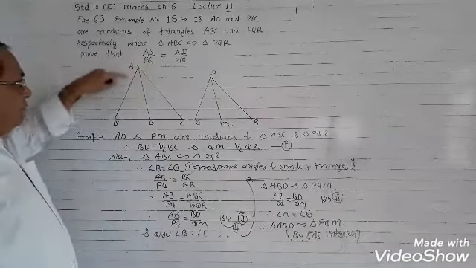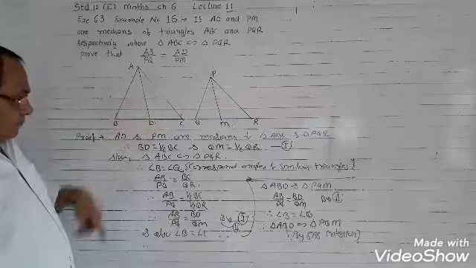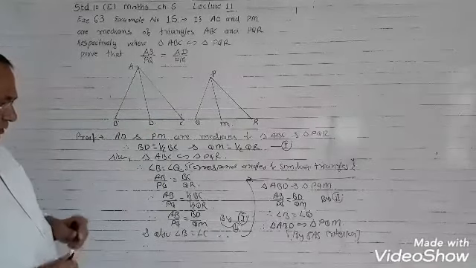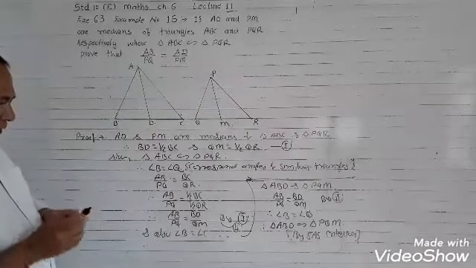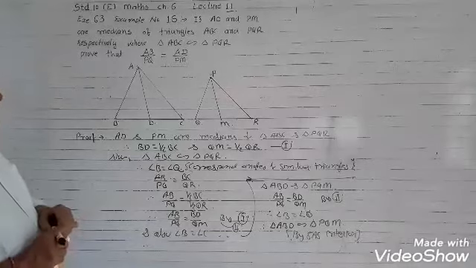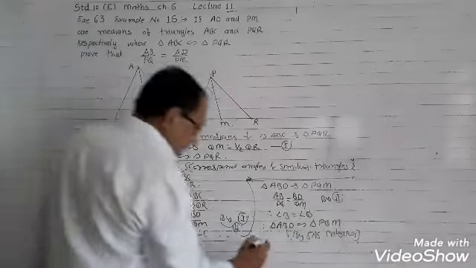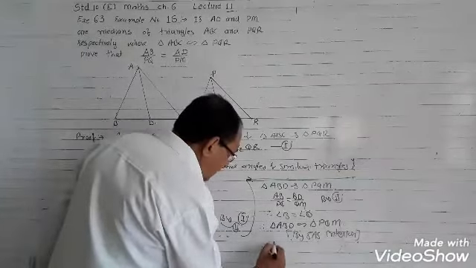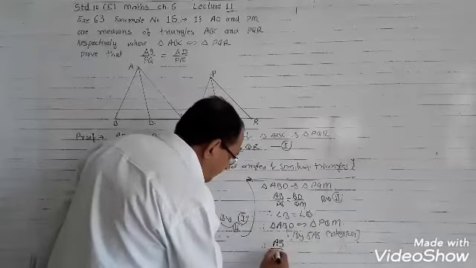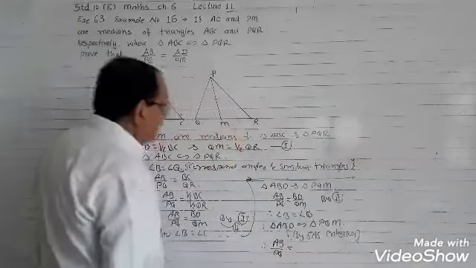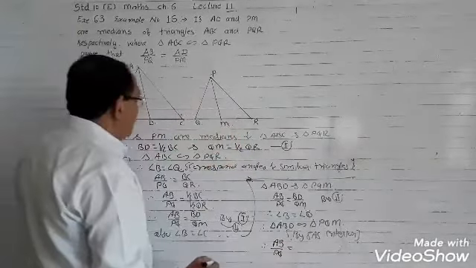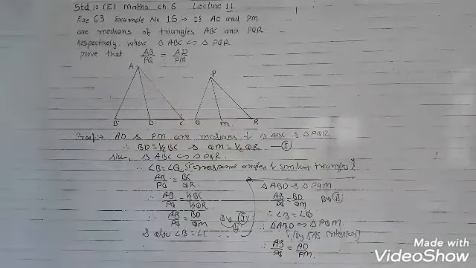Therefore, AB upon PQ is equal to AD upon PM. Okay, got it? Next.